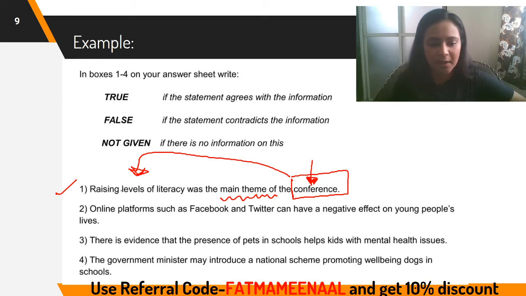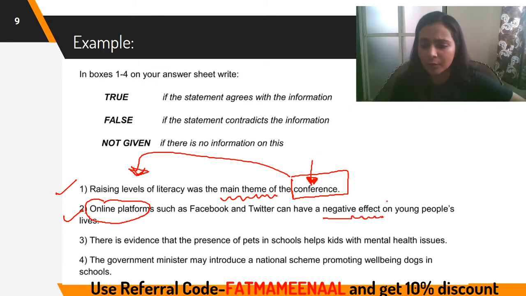Okay, next one. Online platforms such as Facebook and Twitter can have a negative effect on young people's lives, right? Now what do I see? There are a couple of things happening. There is a discussion of online platforms giving some sort of negative impact on whom?